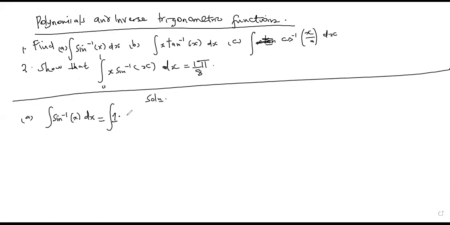So 1 times sine inverse of x dx. Now, from LIATE, if you are to remember, you see logarithmic, inverse, algebraic. Now, who is going to tell me what my u is? What will be my u here? Let u equal to what?